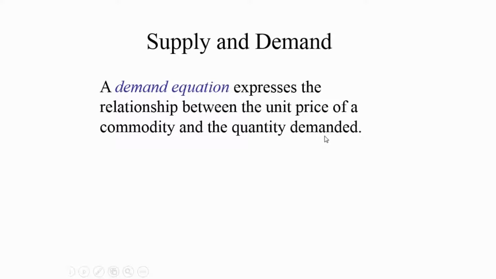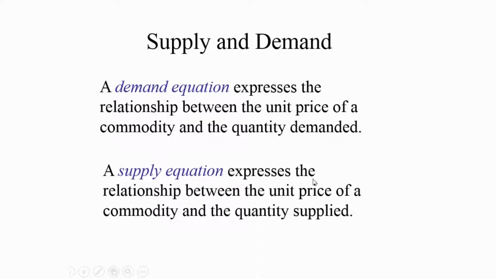So price as a function of quantity demanded, and a supply equation expresses the relationship between the unit price and quantity supplied. That's the difference, quantity supplied or quantity demanded. One would make it demand, the other one would make it a supply. Right? But both of them are talking about the relationship between price and quantity, right? So both of them would have the same look to them.